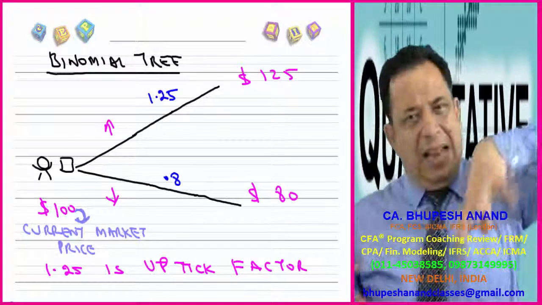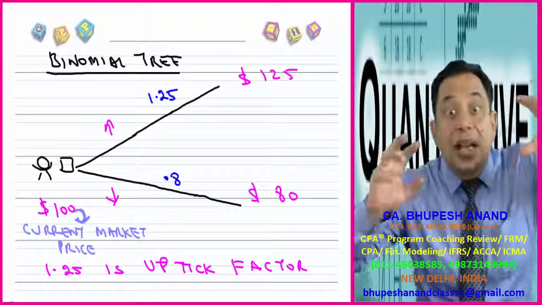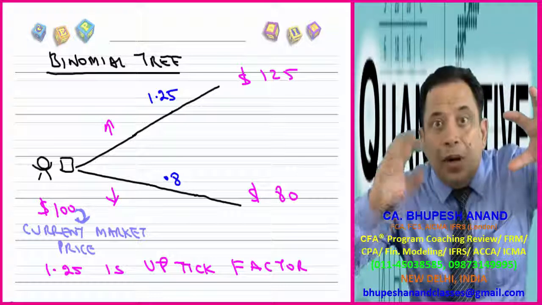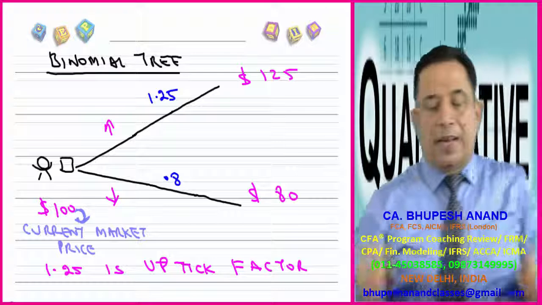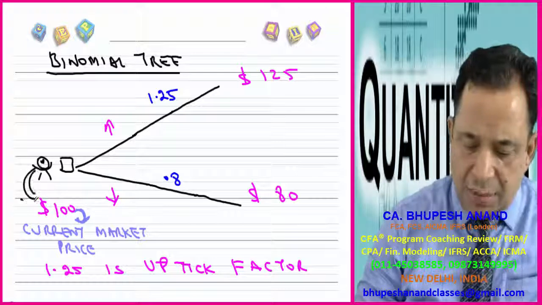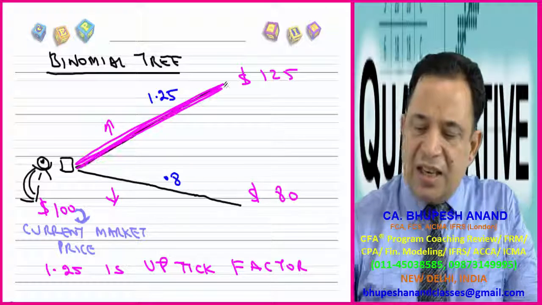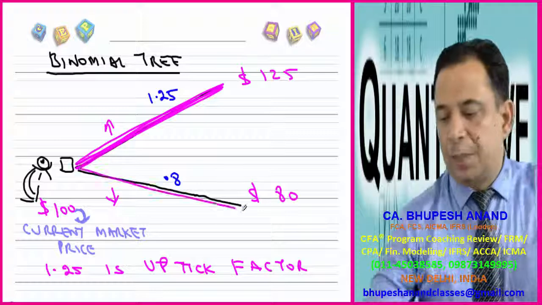That I have told you in my PPT also. Just see the logic. Just see the tree which I am going to prepare. The current market price I have written as $100 and you are standing here. The first point is it can increase, or the price can decrease.